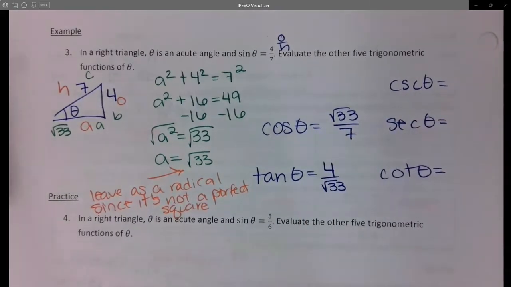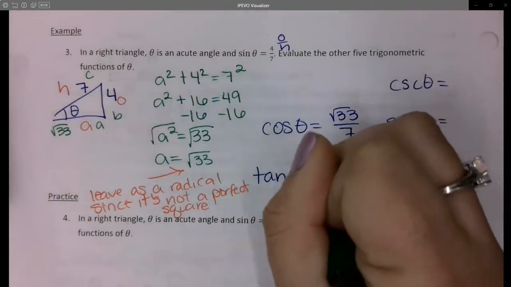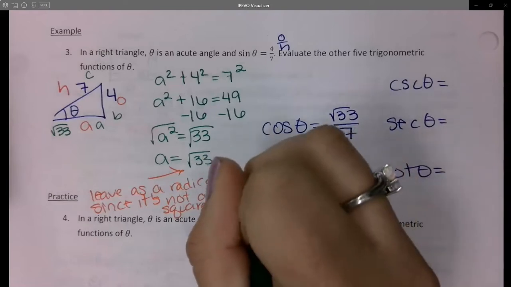When I have a radical on the bottom, I need to do something called rationalizing the denominator. This is getting the radical out of the bottom and making sure I have a whole number on the bottom. So to do that, I'm going to multiply the top and bottom by the square root of 33.